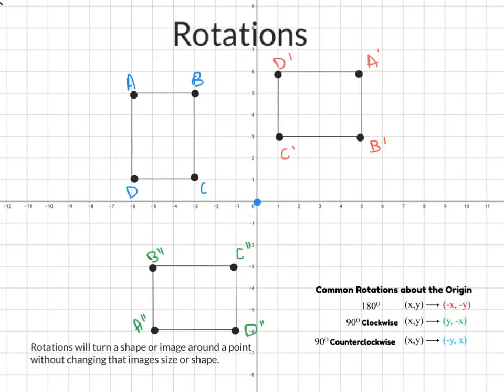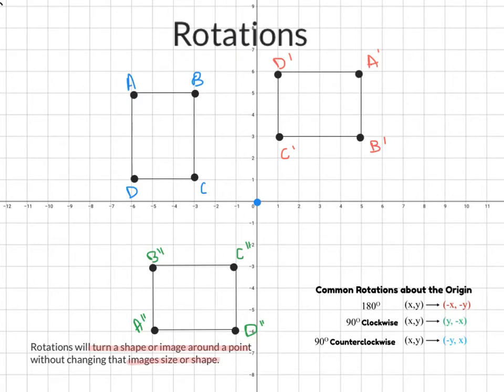All right, let's take a quick view of rotations. Down at the bottom left-hand side, we see that rotations will turn a shape or an image around a point, but they will not change the image size or shape, right?